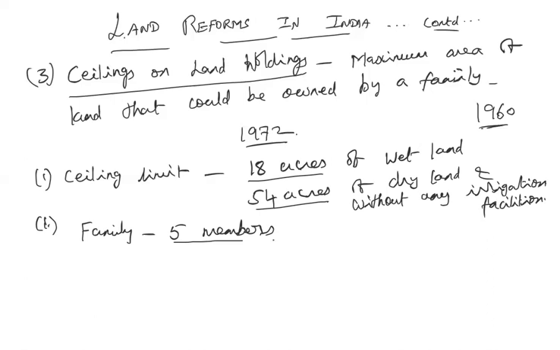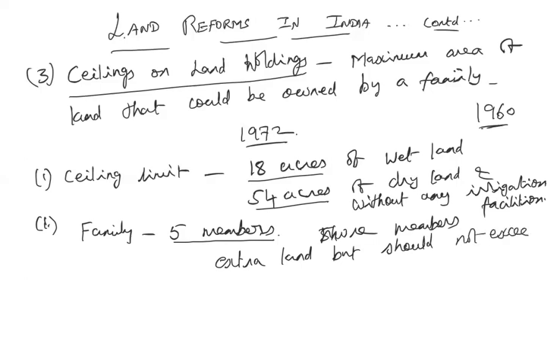But if there are extra members in the family, the government allows extra land. However, whatever the number of members in the family, it should not exceed twice the ceiling limit.